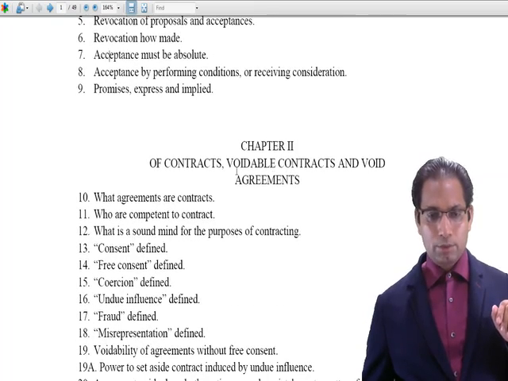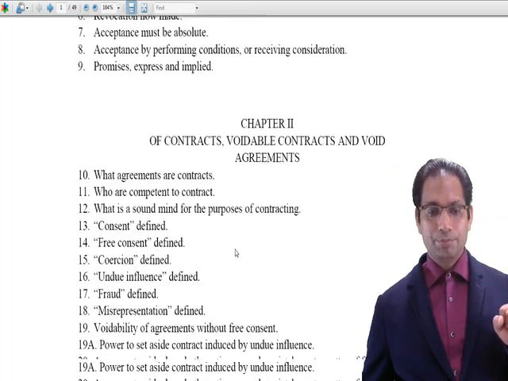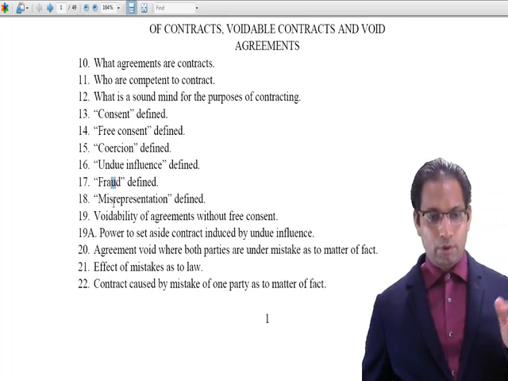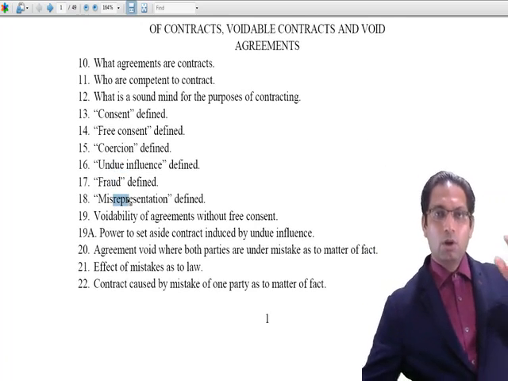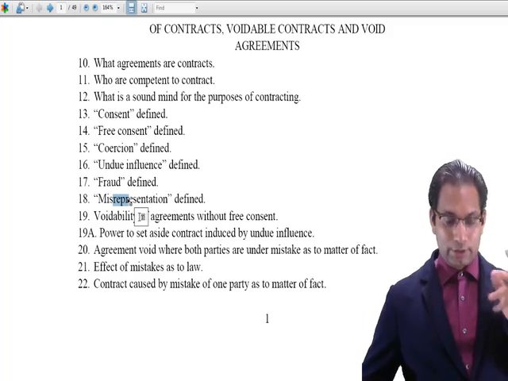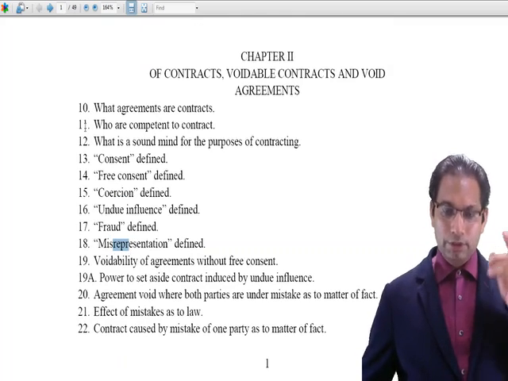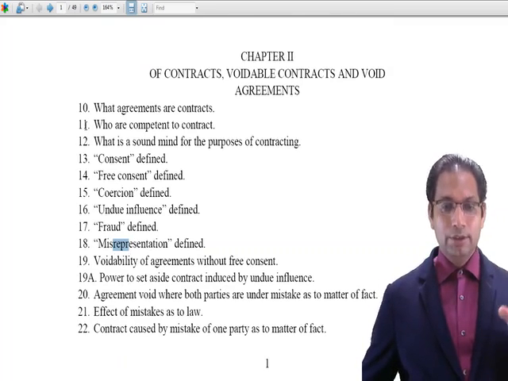Chapter 2 talks about contracts, voidable contracts and void agreements. So a lot of things, as you can clearly see: what is coercion, what is undue influence, what is fraud, what is misrepresentation. A lot of definitions of these words are given in this particular chapter, or let us forget about chapters now, in all these sections.